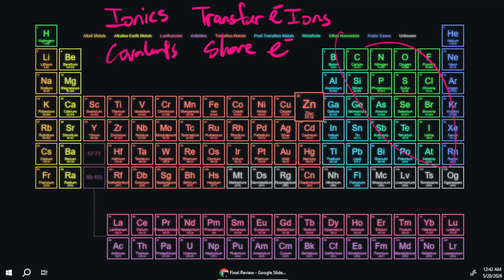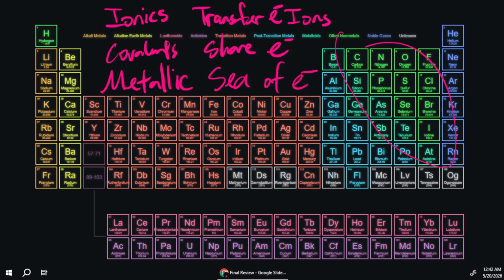And in metallic bonds, they all want to share or give away their electrons, and nobody is there to take the electrons. So metallic, they all form a sea of electrons. So that's the 3 types of bonding that we will learn and master for high school.